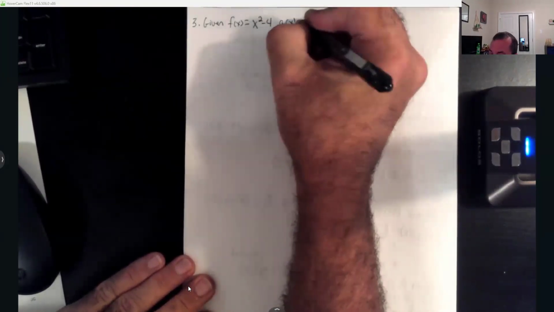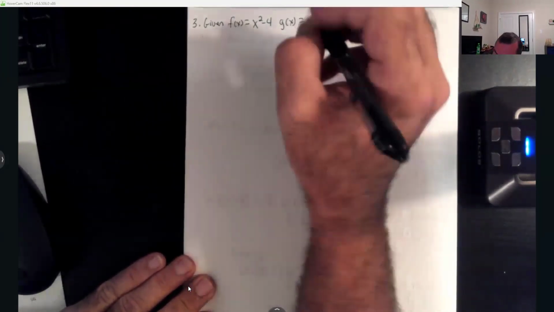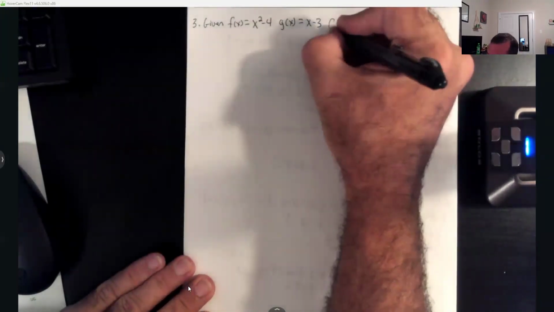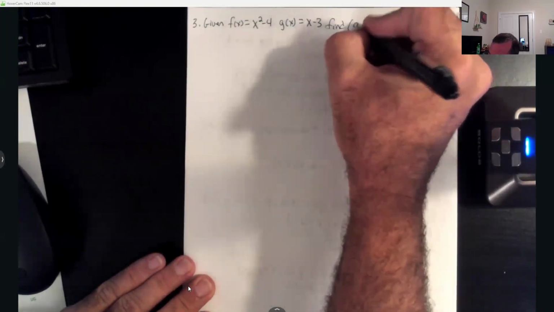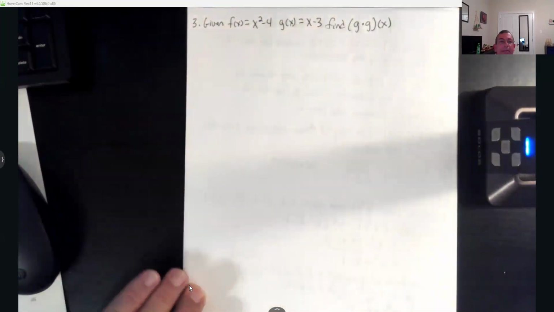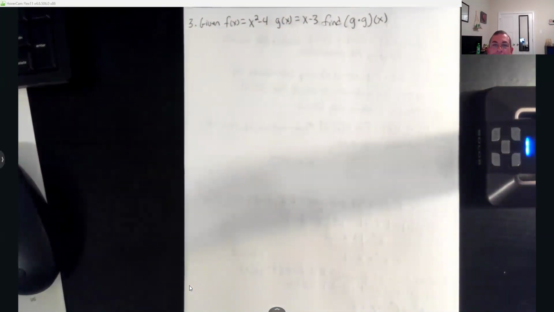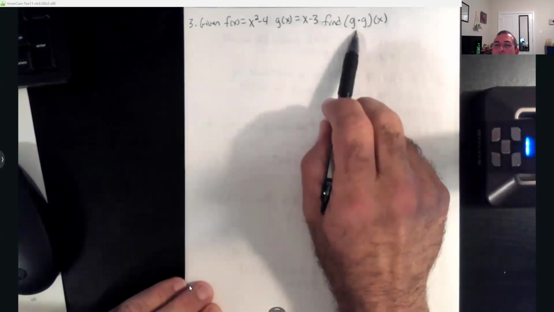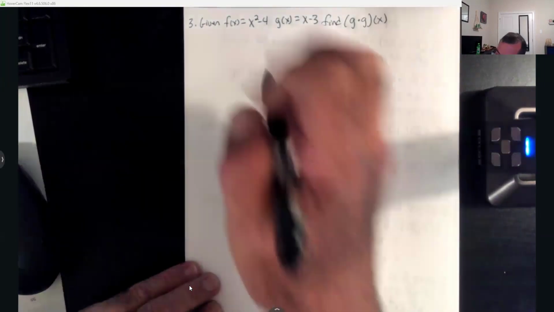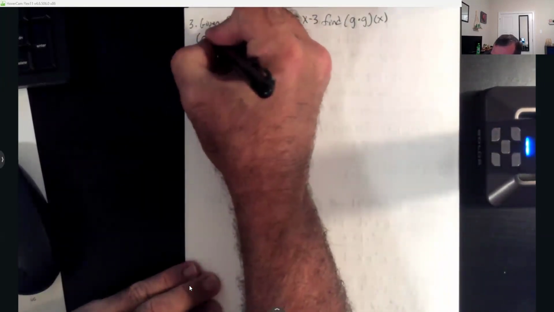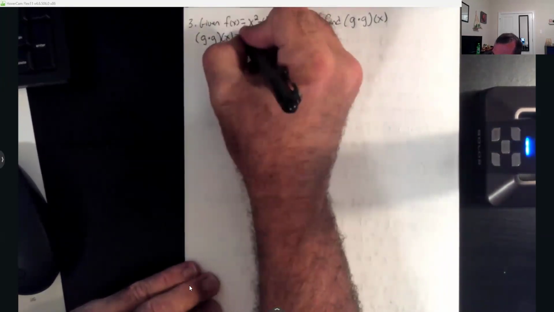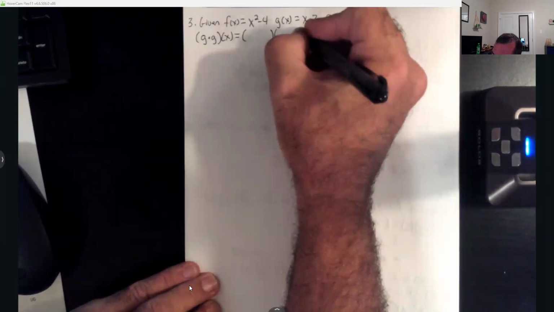G of x equals x minus 3. We want to find g times g of x. So y'all, look what they want. They want g times g of x. So here we go. G times g of x. So I got to put my parentheses now.